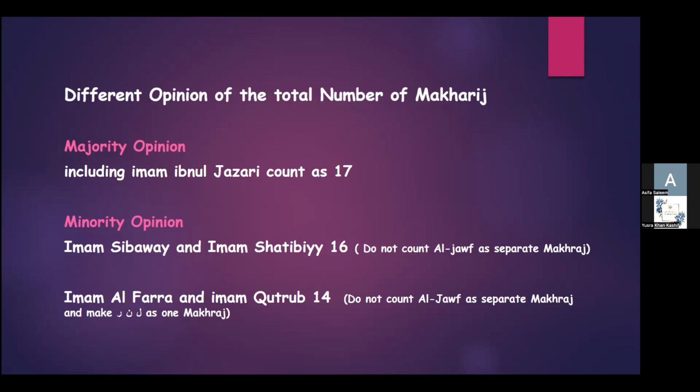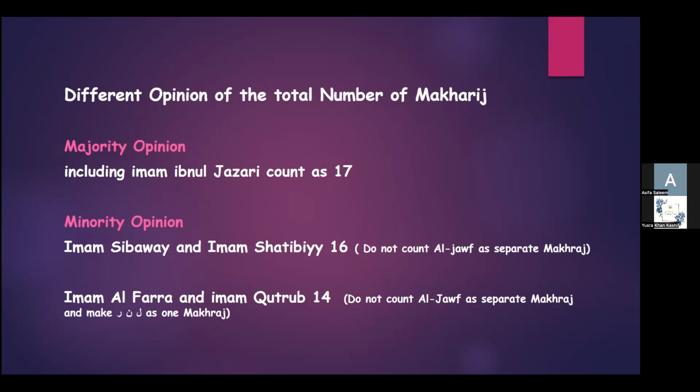According to these scholars, regarding Al-Jawf, which has the mad letters coming from it, they count the waw madiyya and ya madiyya just like the ghair madiyya letters, the waw and the ya. And we know that the letter ya has a makhraj, which is the center of the tongue coming close to the palate, and then the letter waw, which is from the lips.